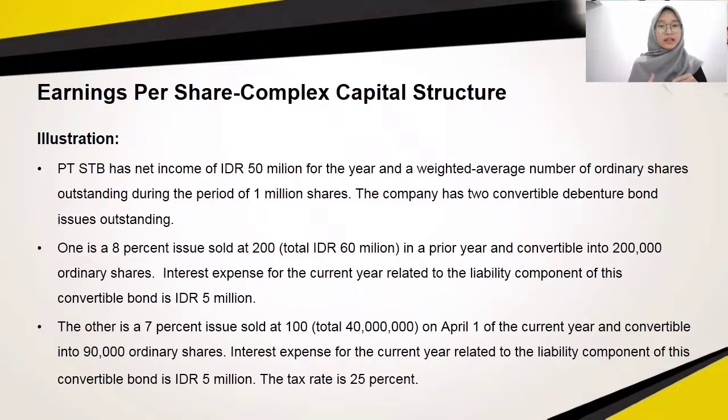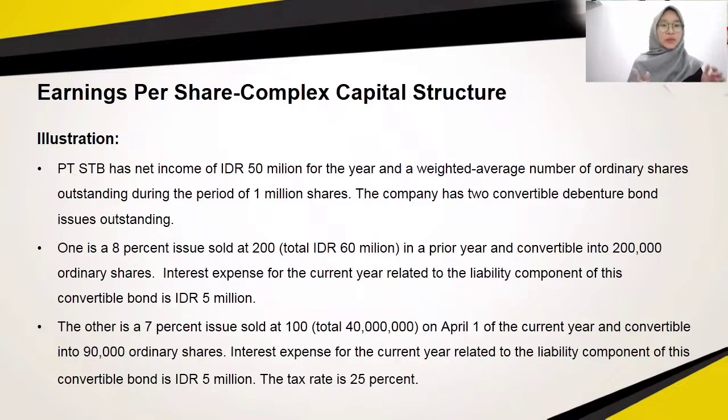One is an 8% issue sold at 200, total is 60 million in a prior year and convertible into 200,000 ordinary shares. Interest expense for the current year related to the liability component of this convertible bond is 5 million.